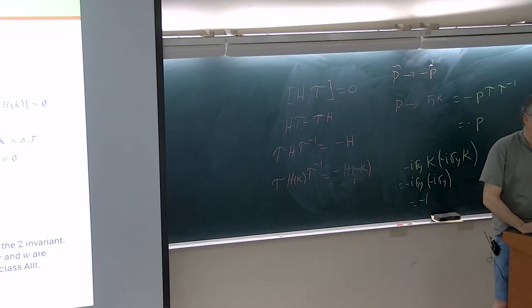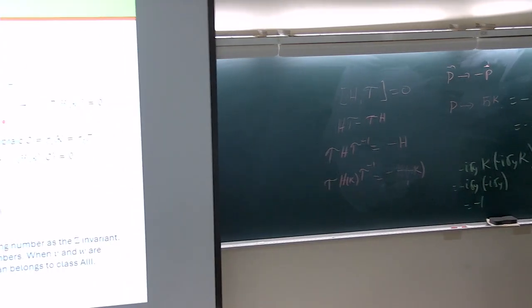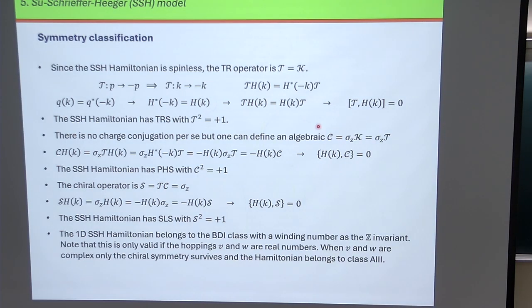All right, so then we have this. I think there is time reversal symmetry in this system, which is spinless, and the time reversal operator squares to 1. You can also check that, in principle, there is no charge conjugation in this, because there is no particle hole in the system.